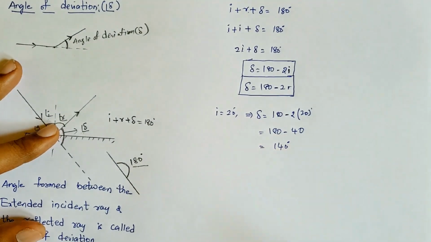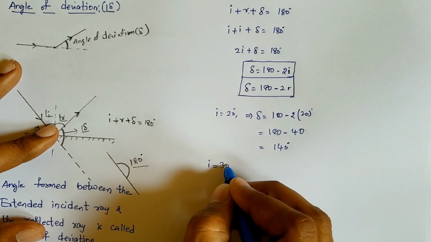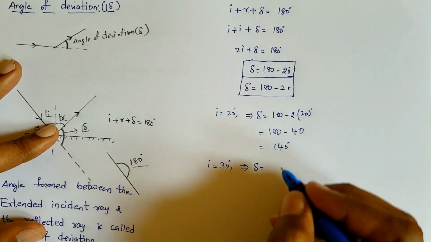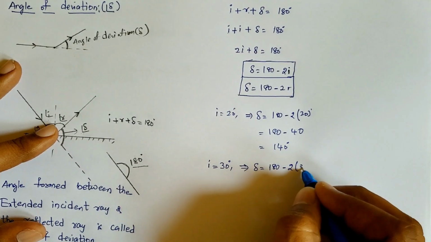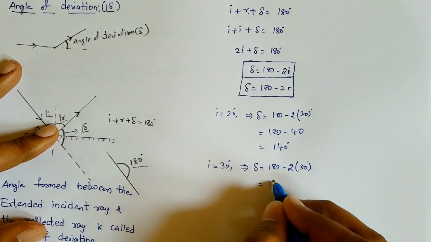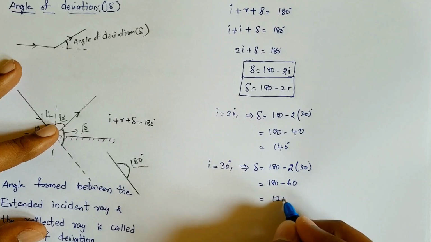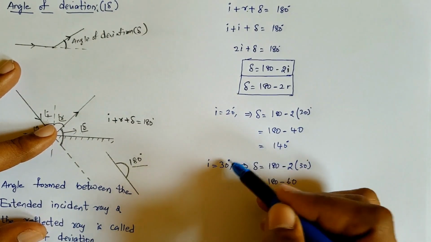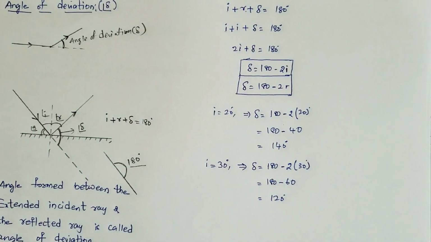I will increase the angle of incidence now. Suppose the angle of incidence is 30 degrees. Then the angle of deviation is 180 minus 2 into 30, which is 180 minus 60, so 120 degrees. So if you increase the angle of incidence, the angle of deviation is going to decrease.